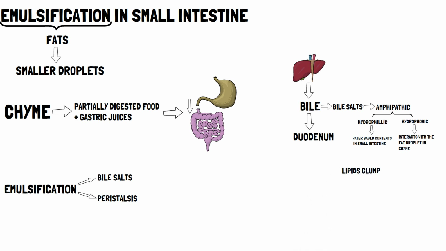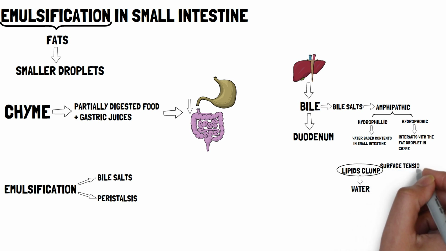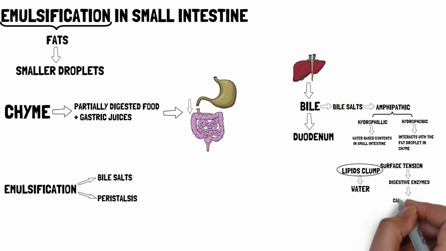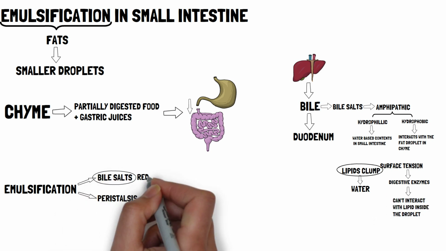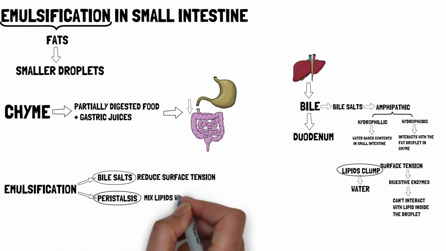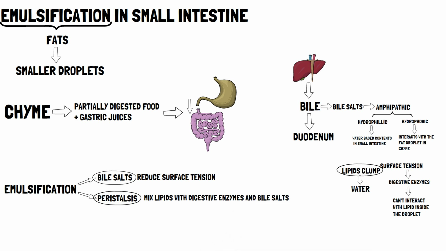Lipids tend to clump together in the presence of water. This surface tension of lipid droplets creates a barrier that prevents digestive enzymes from interacting with the lipid molecules inside the droplet. Bile salts help to reduce the surface tension of lipid droplets. Peristalsis also helps to mix lipids with digestive enzymes and bile salts, allowing for more efficient digestion and absorption.